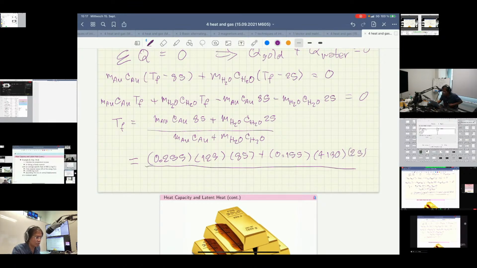And mass of gold 0.255 and 129, plus mass of water is 0.155 and specific heat of water 4190. Okay, all right, so you put it into the calculator.